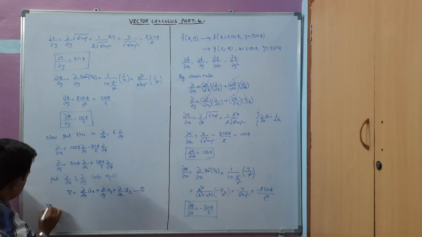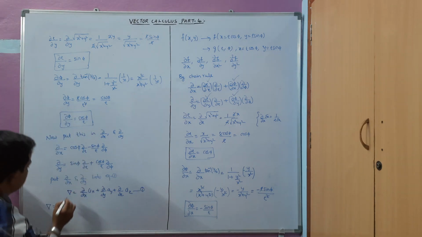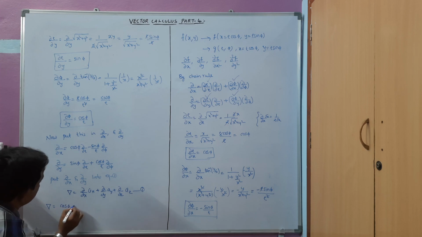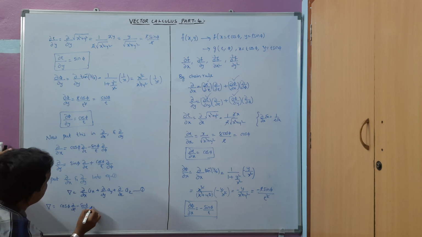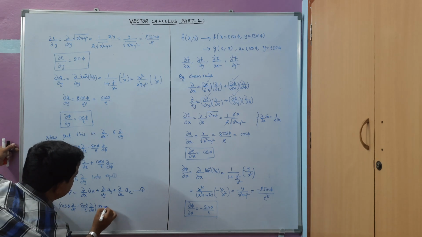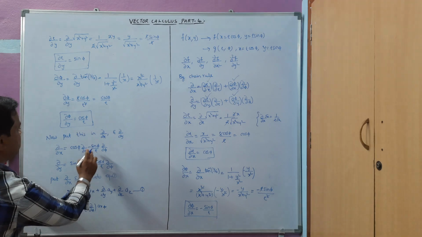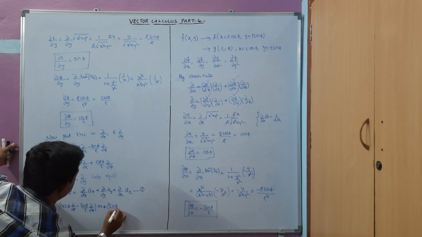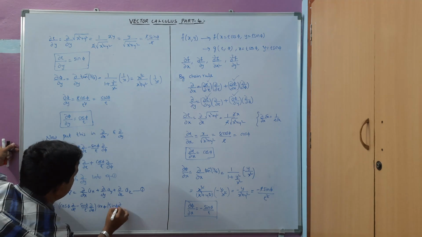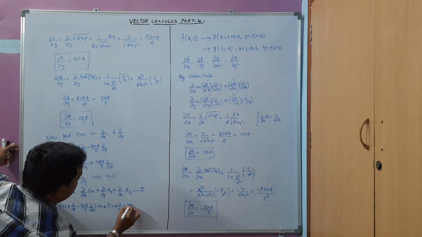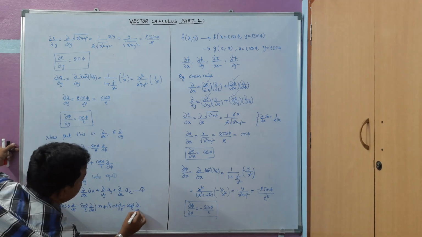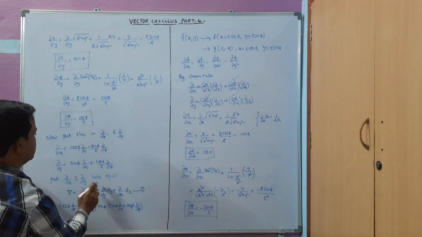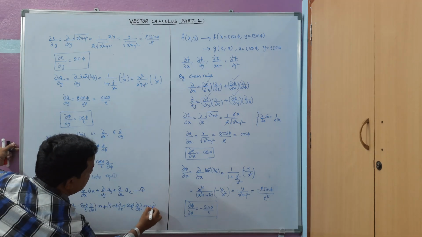Now the del operator becomes, here ∂/∂x is this one, that is cos φ ∂/∂ρ minus sin φ by ρ ∂/∂φ into ax, plus next I have to use this one, that is sin φ ∂/∂ρ plus cos φ by ρ ∂/∂φ into ay, plus ∂/∂z is not going to change.